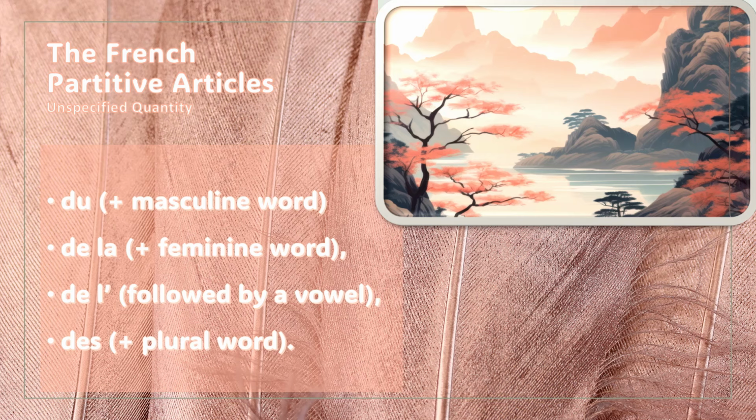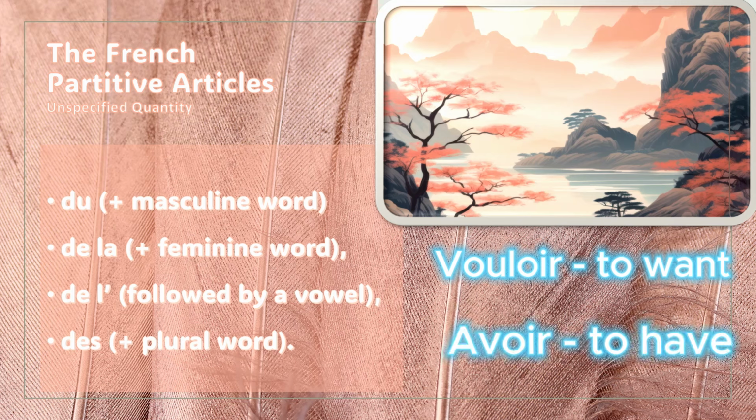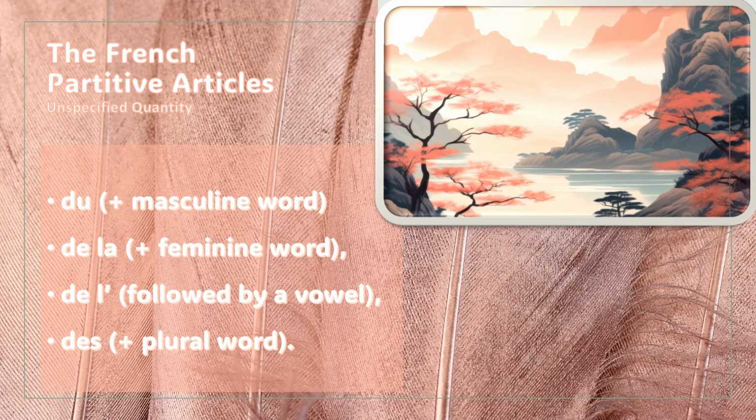So you have to use the partitive articles. In short, the French partitive articles express a non-specific notion of quantity. You will mostly see these articles being used after the verbs vouloir, to want, or avoir, to have. It's the notion of some in English, but in English we don't always use the word some. Often we use nothing at all.